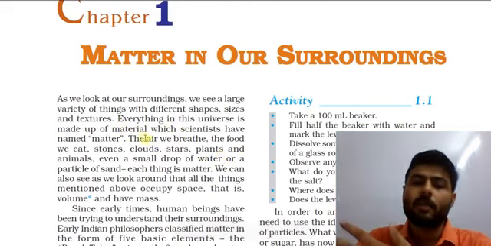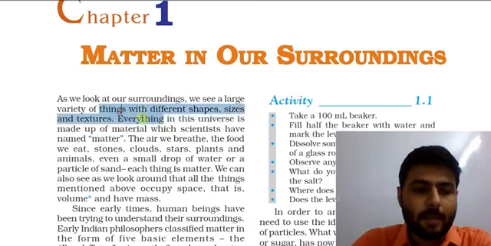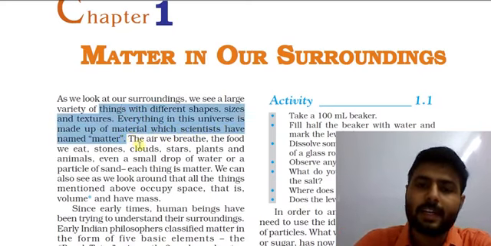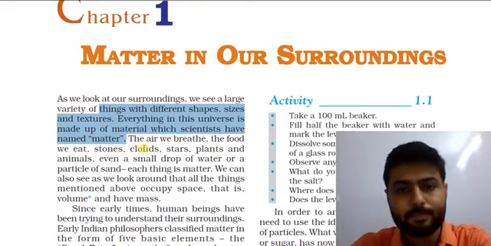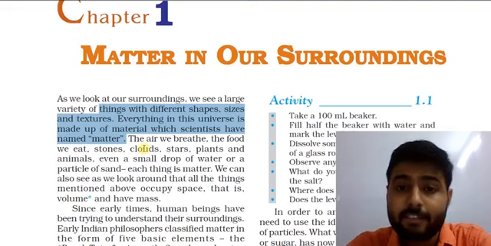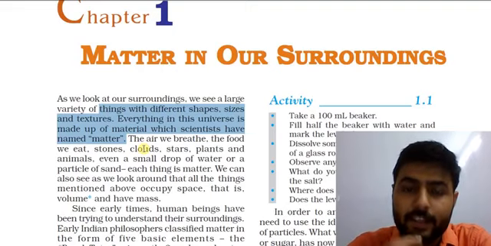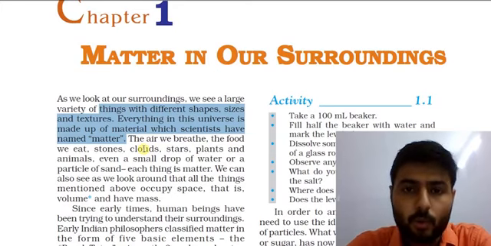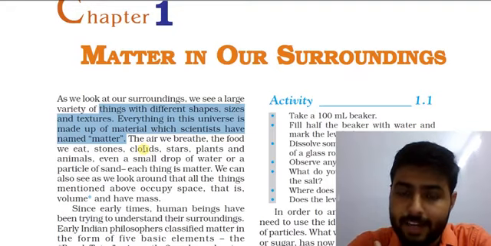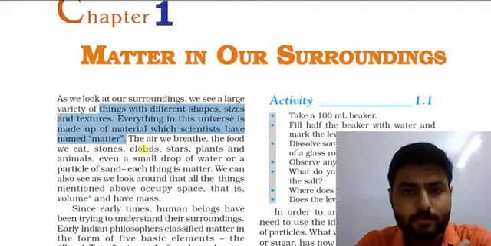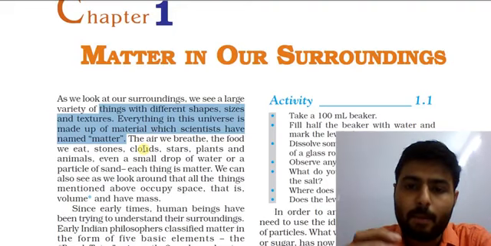Everything around us is made up of some material, and we call this material matter. Everything around us, from air and gases to solid structures like the earth, sun, planets, this table, laptop, everything is made up of matter.